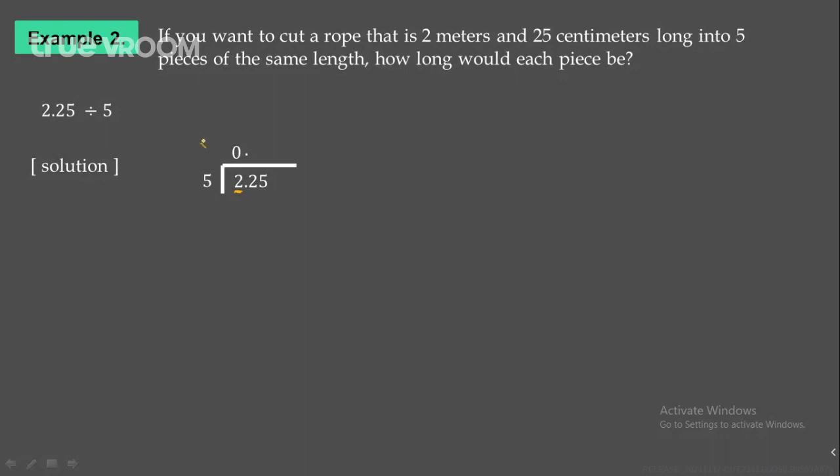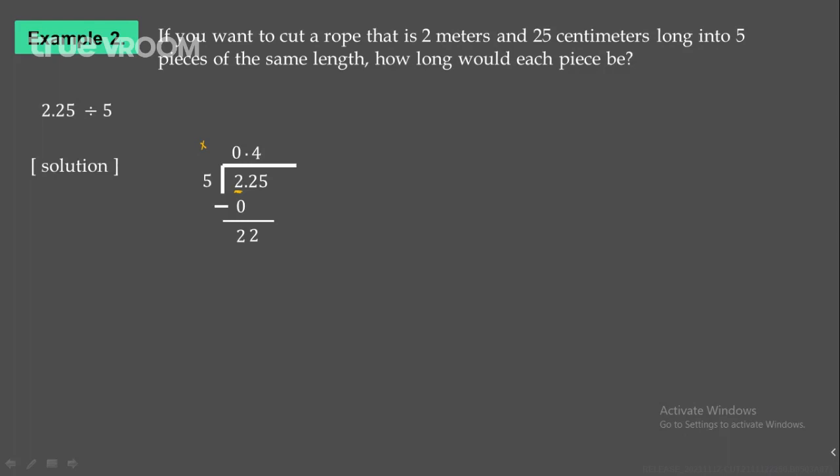Now you are going to multiply. 0 times 5 is 0. So subtract, bring down 2. 2 cannot be divided, so bring down another 2. Now, how many 5 are there in 22? 4.